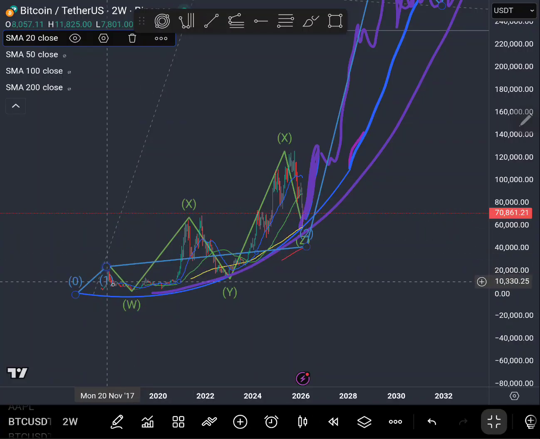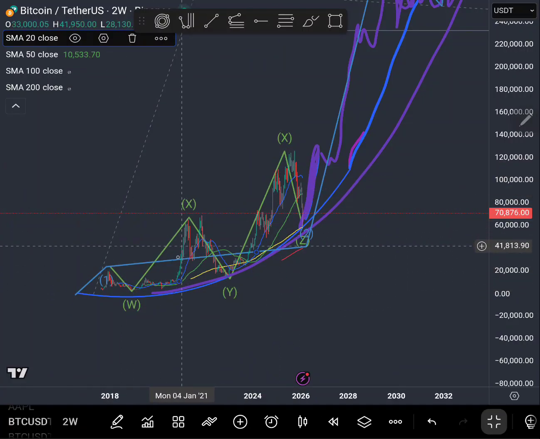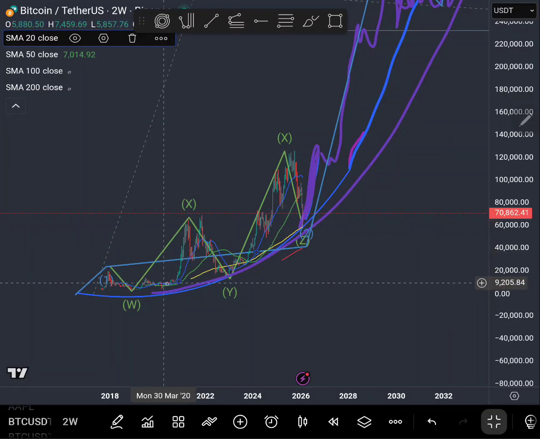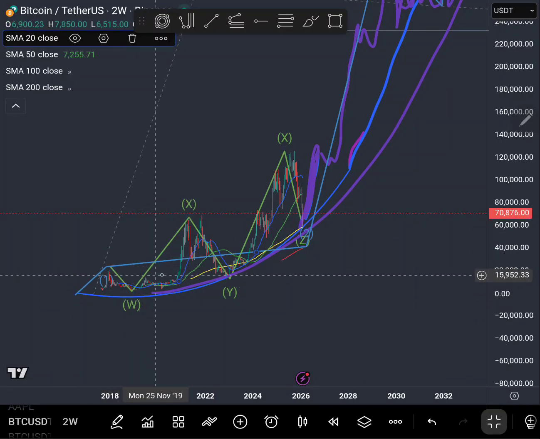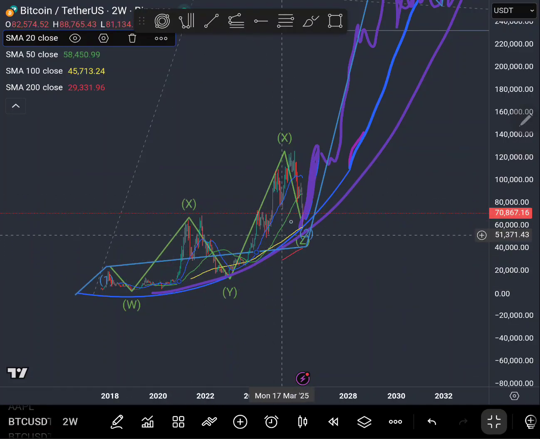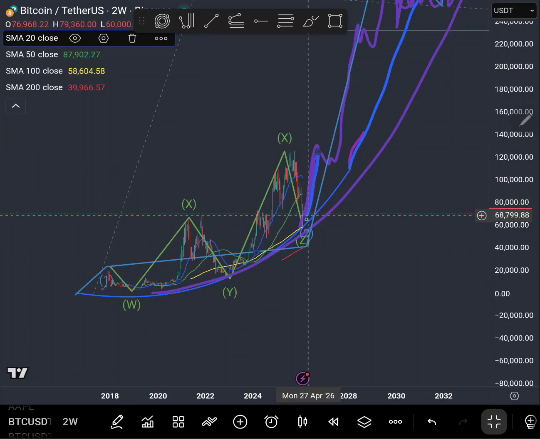So this is a wave two, which is all it is showing is that people are buying up in the correction. Even when it's in a really long-term correction, people are still buying it up, buying it up. All this is a signal that the next move up is going to be enormous.